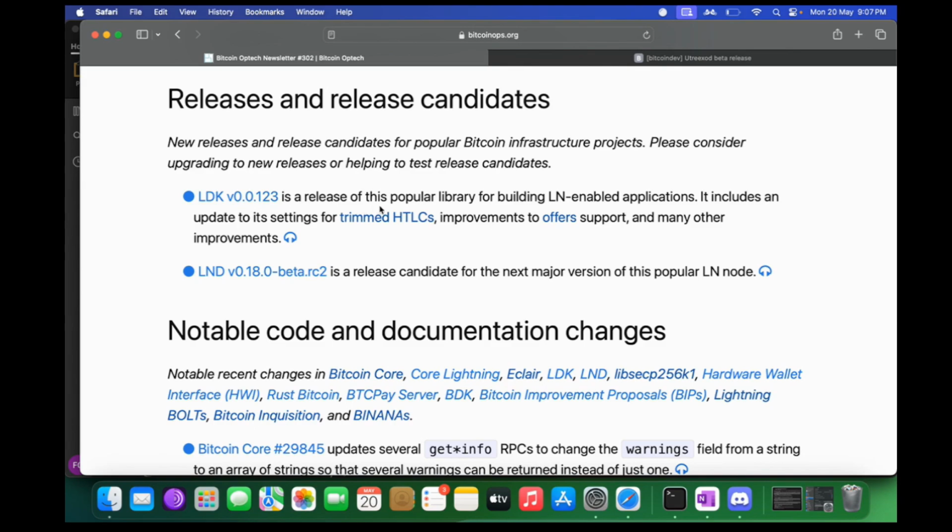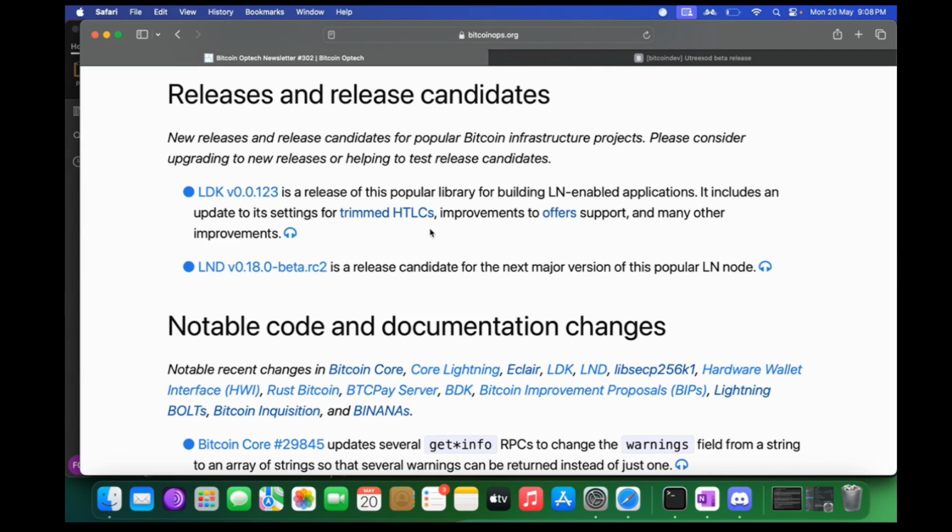What does it add? Primarily, it updates some settings for trimmed HTLCs. What are trimmed HTLCs? Trimmed HTLCs are HTLCs where the value is so low that it cannot even pay its fee. When you have a UTXO whose value is so little that it cannot even cover its fee, that HTLC is known as a trimmed HTLC.